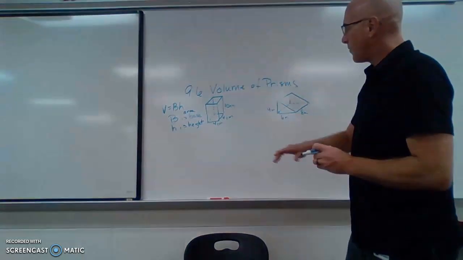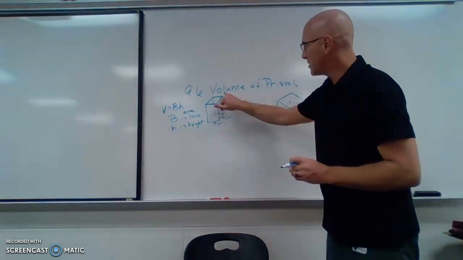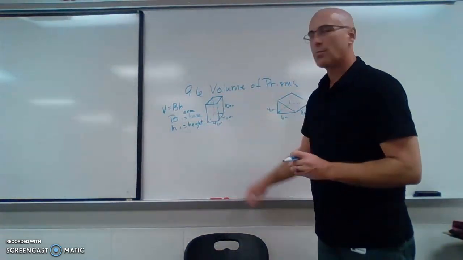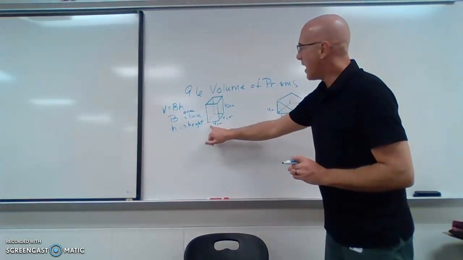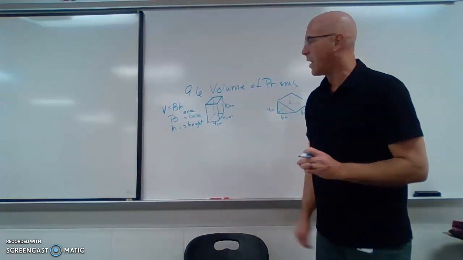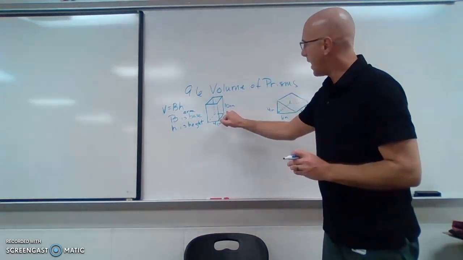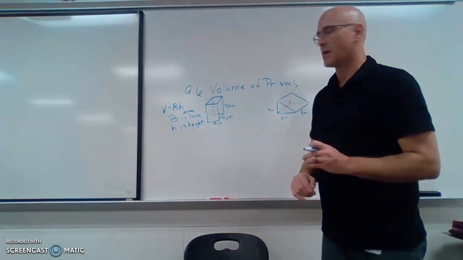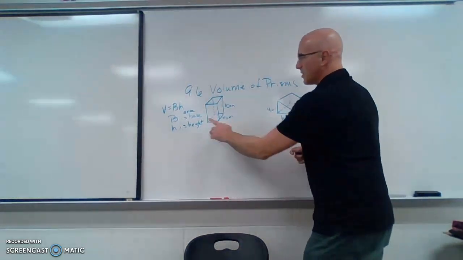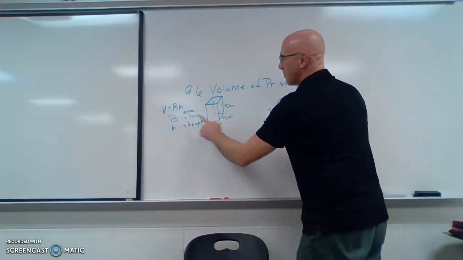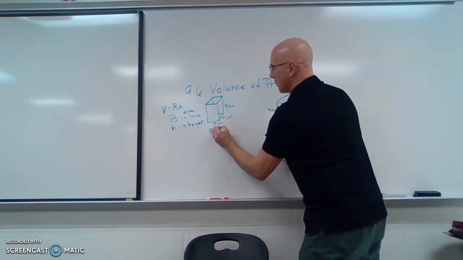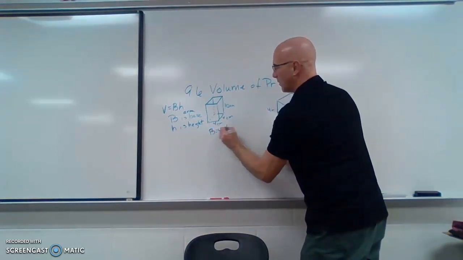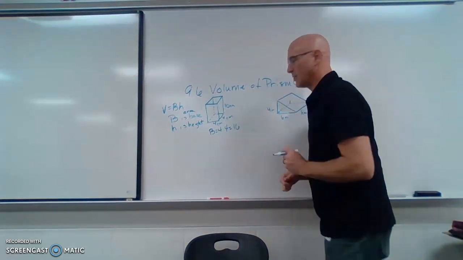So let's take, for instance, this rectangular prism, and I did my best for drawing this. I have a 4 by 4 square on the bottom, and my height is 10 centimeters. So first I'm going to calculate the base. What's the area of the base? Base is 4 times 4, which is 16.